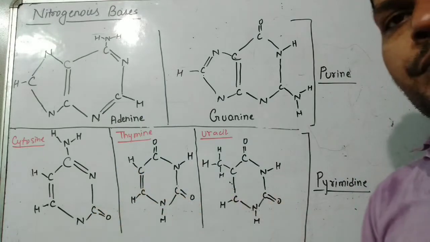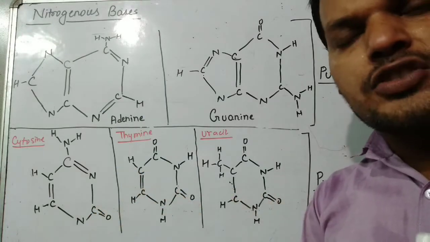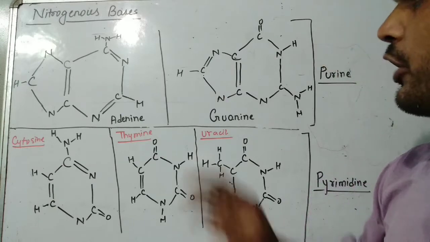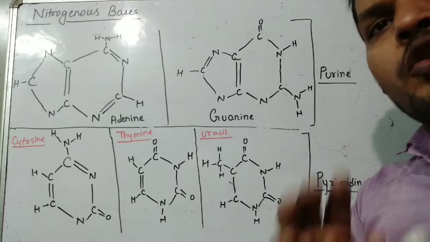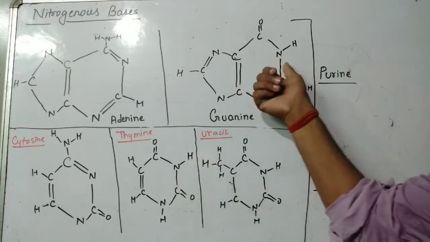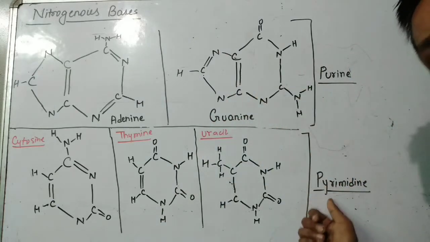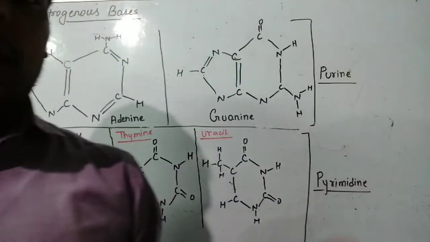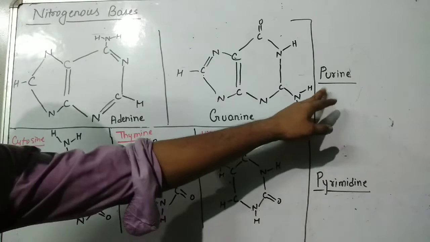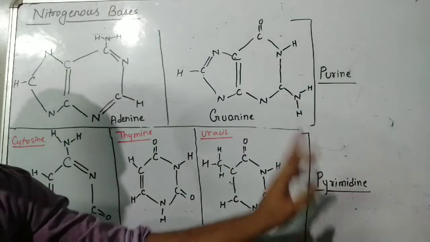Now you have to understand the structure of the DNA. Why am I giving you this structure? Because to find out why a purine combines with a pyrimidine and a pyrimidine always combines with a purine. Why not a purine combined with a purine itself, and why not a pyrimidine combined with a pyrimidine itself?